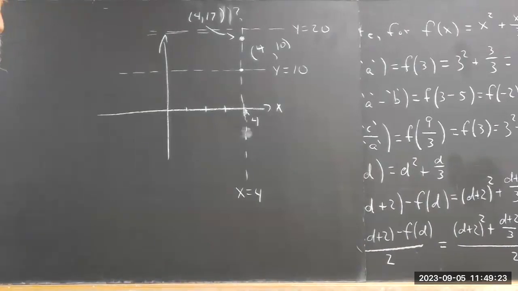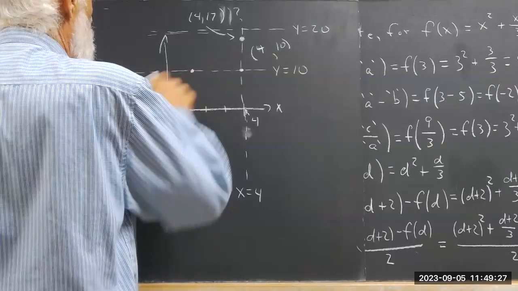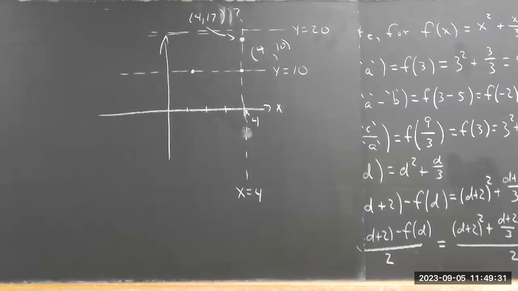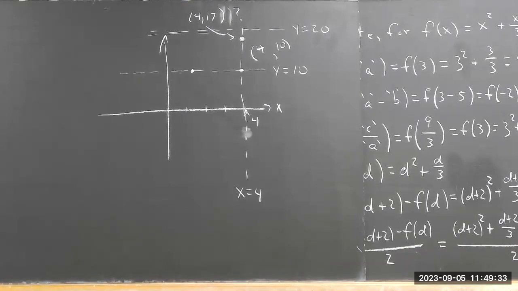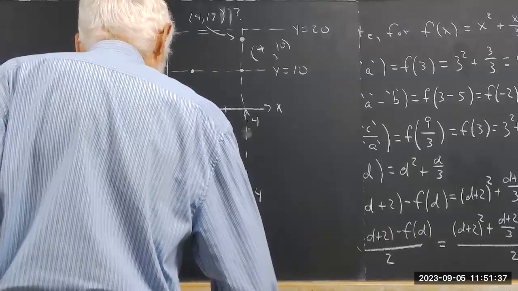Now, what do you think the x and y coordinates at this point are? I'll turn this off now so we can talk. I think everybody's got an estimate down there.